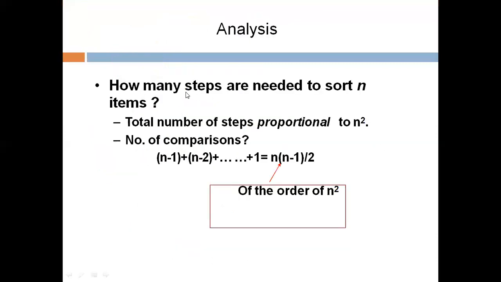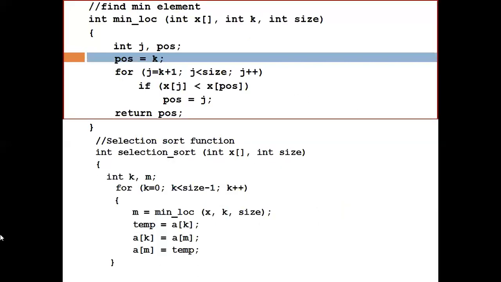Now the analysis part. How many steps are needed to sort n items? The total number of steps is proportional to n square. Why? The number of comparisons, definitely we'll find out. See again this one.